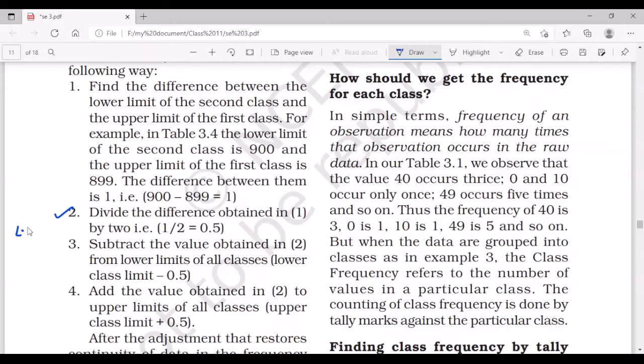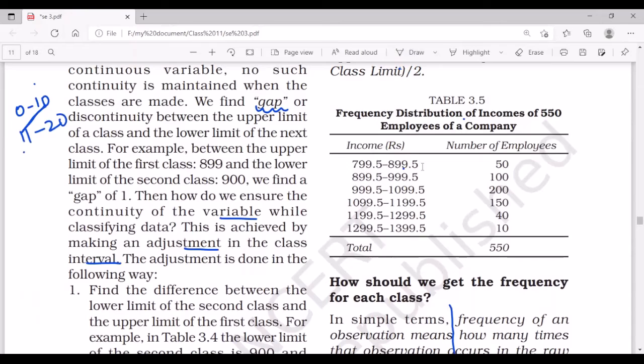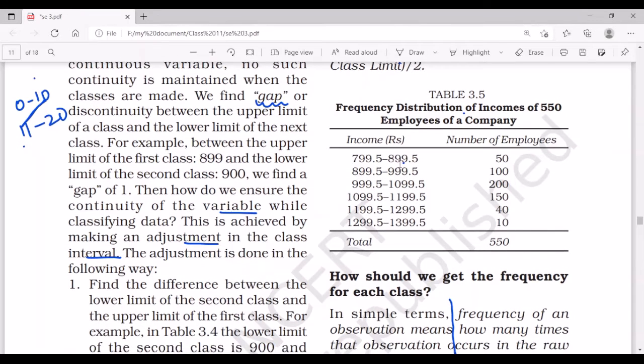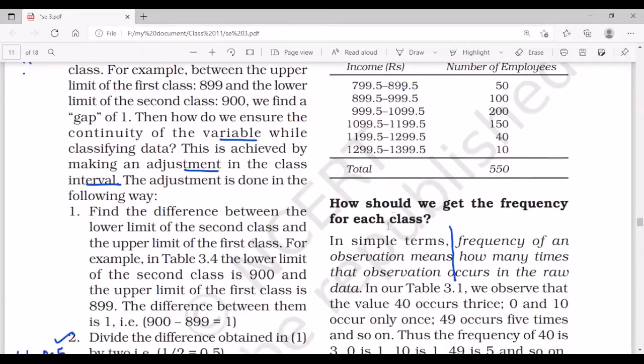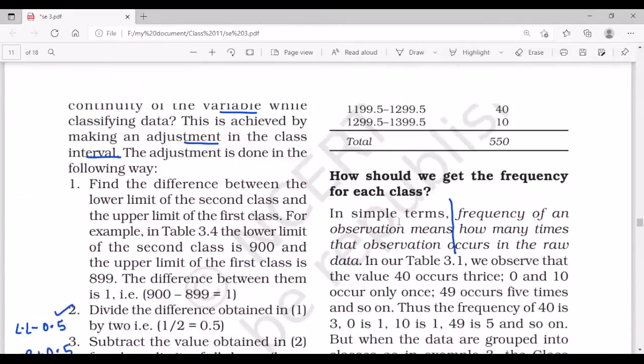Whatever the lower limit is, we subtract 0.5, and whatever the upper limit is, we add 0.5. So if you see in the example, if we follow these steps, we will get this continuous series. What we have done here is subtract 0.5 from lower limits and add 0.5 to the upper limits. I hope these points are clear to you guys.